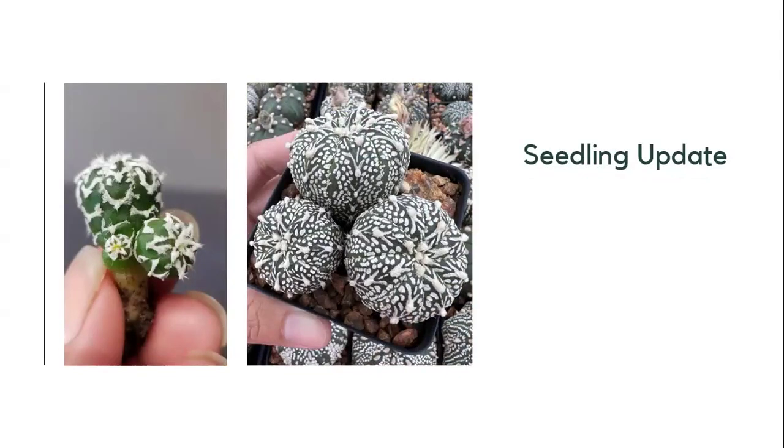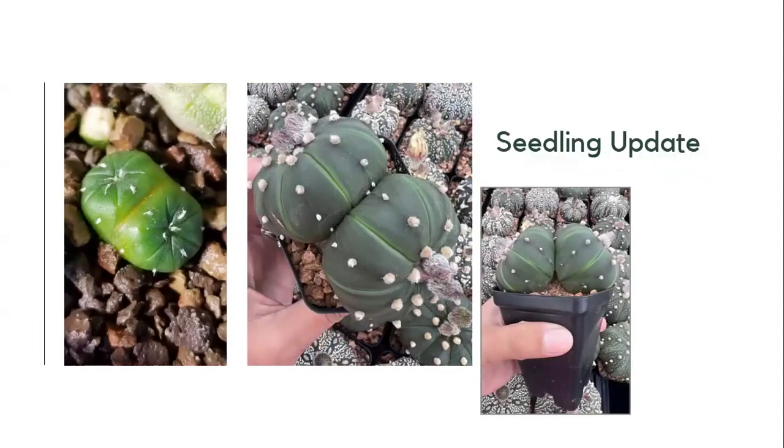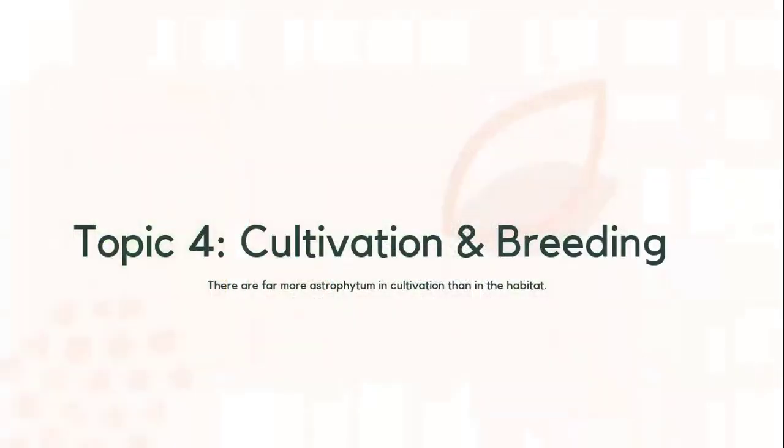So this is what it looks like now. And this is a twin head asterias. And this is what it looks like now. So this is very amazing. You can collect very beautiful specimens when you grow from seeds.